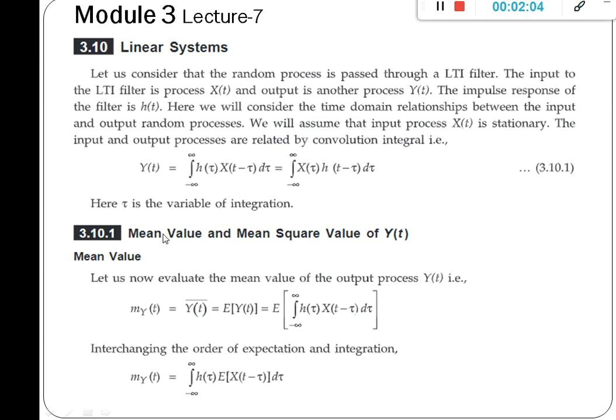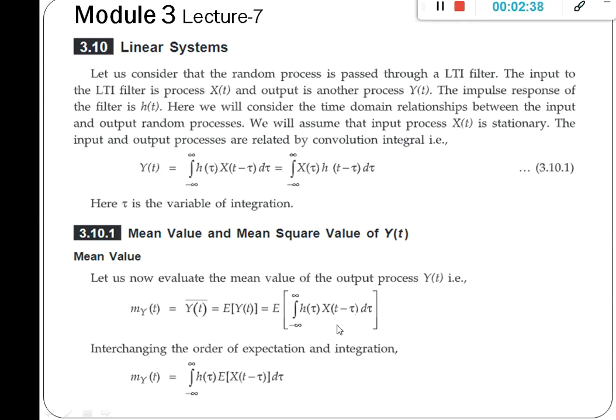I hope there is no confusion with respect to linear systems. Now the next point is finding the mean value and mean square value of the output, that is y of t, the output of the LTI system. The mean value of y of t is given by my of t. It is nothing but the expectation of y of t, which is substituted as this.